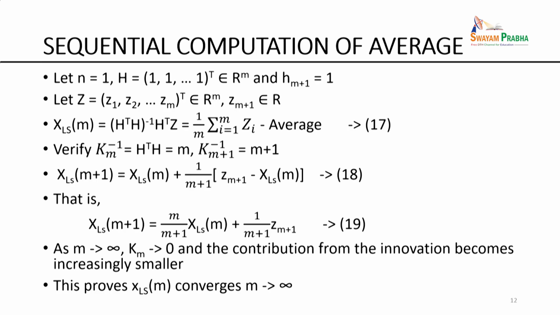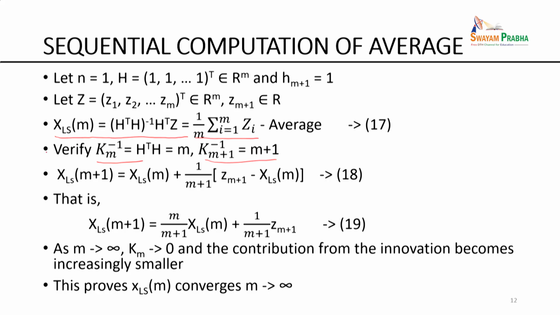and Z1, Z2, Zm are components of the vector Z. We have the average of m quantities, which is given by this. We calculated all the matrices involved in the previous theory.